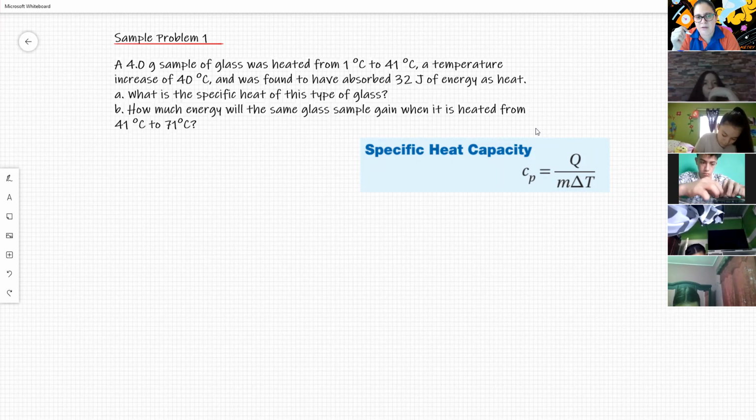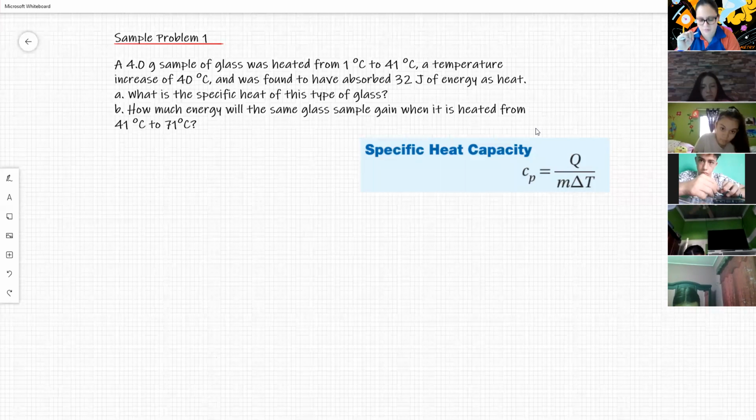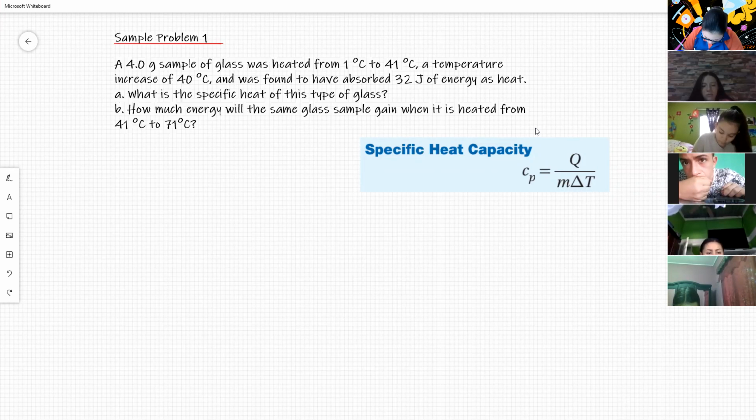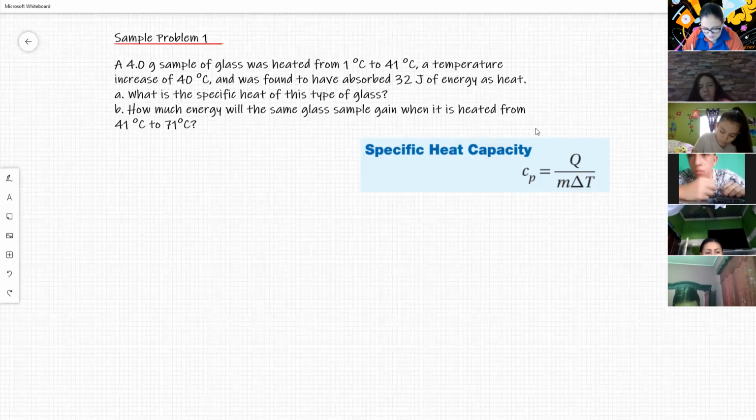According to this word problem, how many substances are here? One or two? What is the first substance that the problem mentions? It says a 4 grams sample of glass.